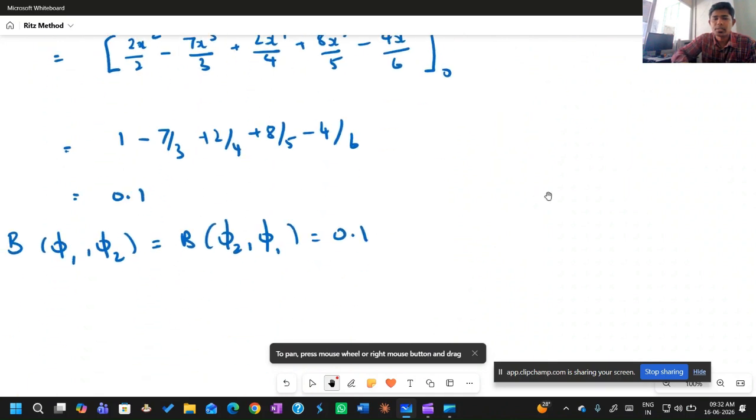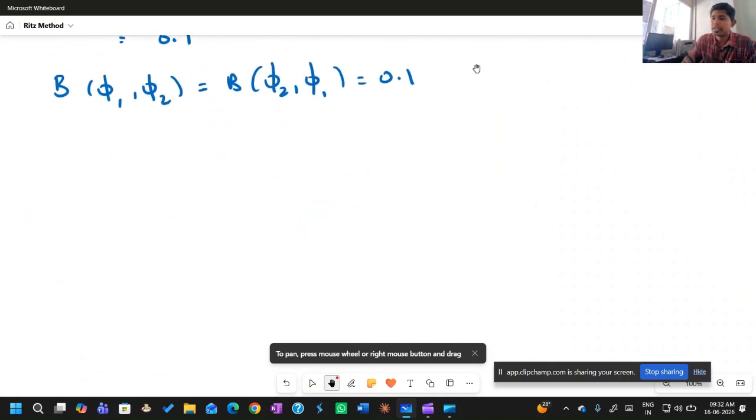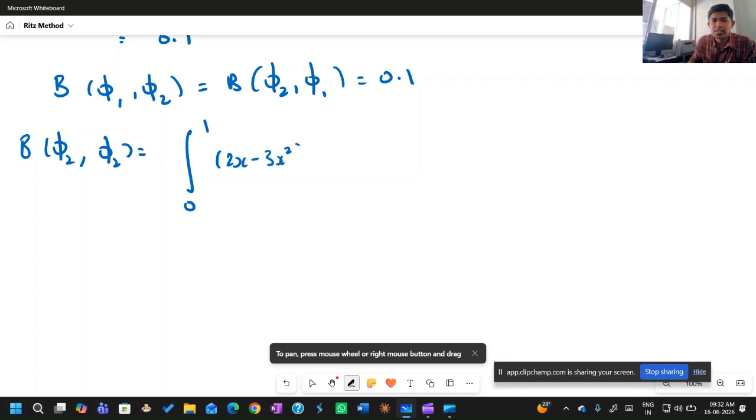So the next term that we have to evaluate is the bilinear function of pi2 comma pi2, that is the integral from 0 to 1 of (2x minus 3x square) the whole square minus 4 into (x square minus x cube) the whole square dx.